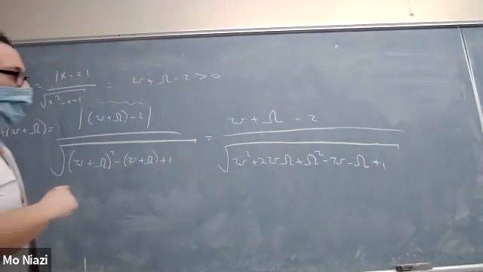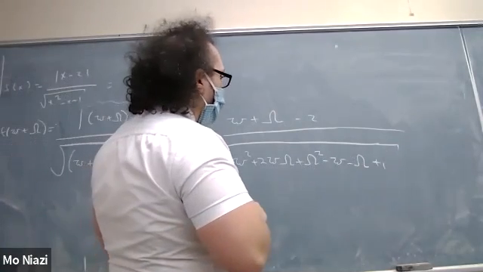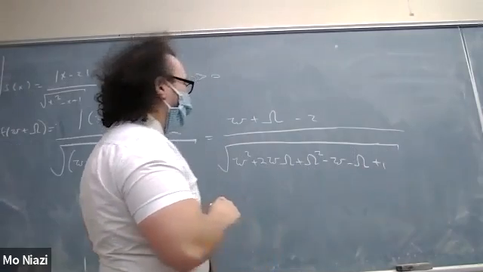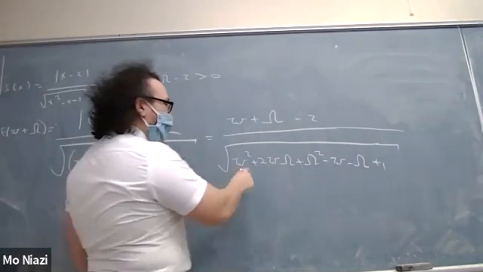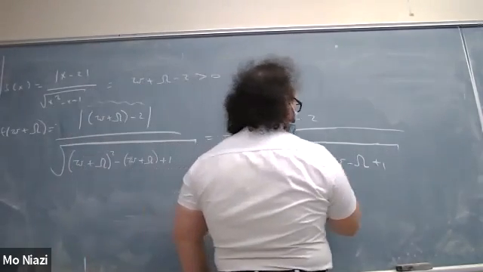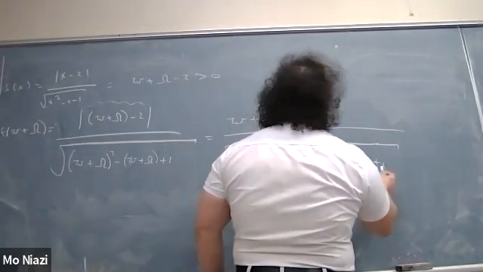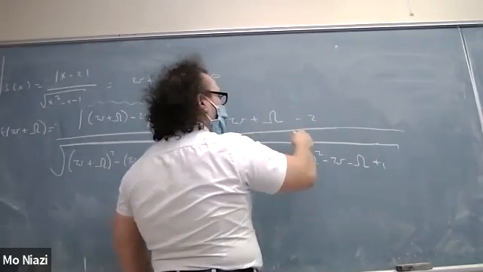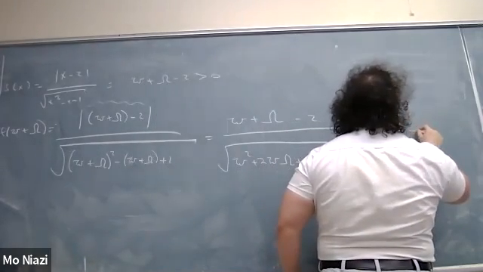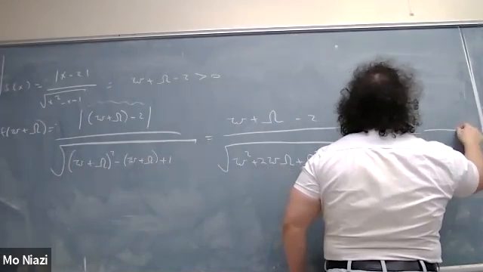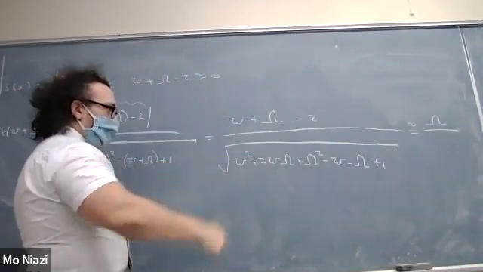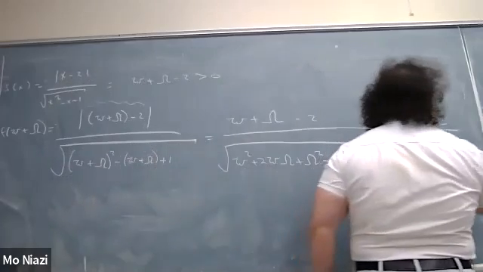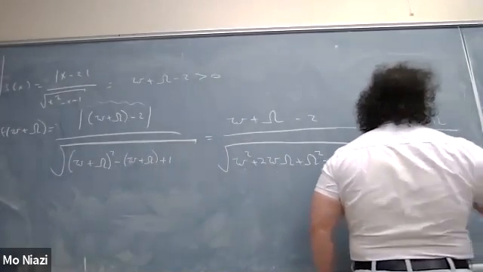Okay. So what happens here? We look at all of these. Up here, approximately the highest order value is this capital omega. Down here, the highest level value is an omega squared.